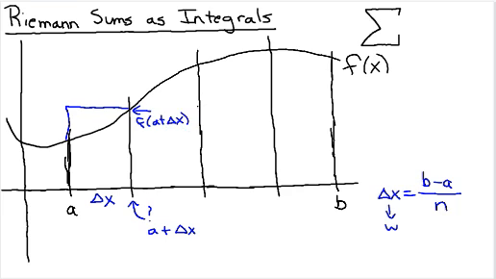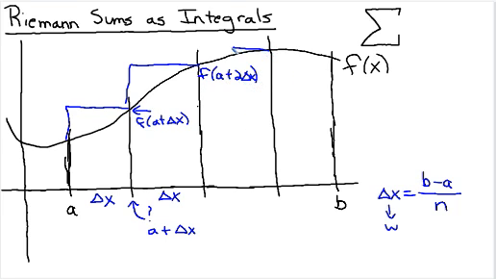Okay? And if I were to do the next rectangle up here, remember this distance is also delta x. Well, now this would be f of a plus 2 of those delta x.